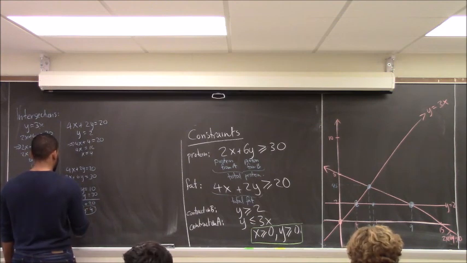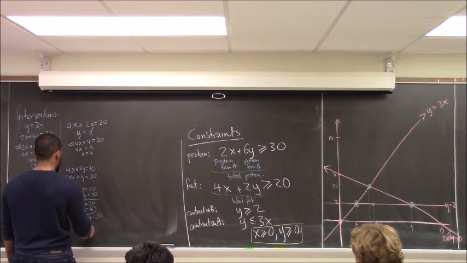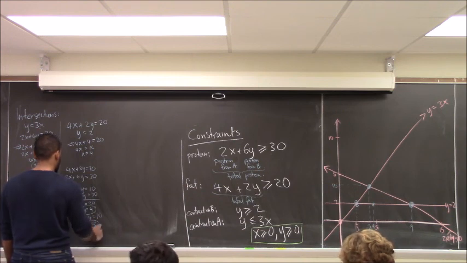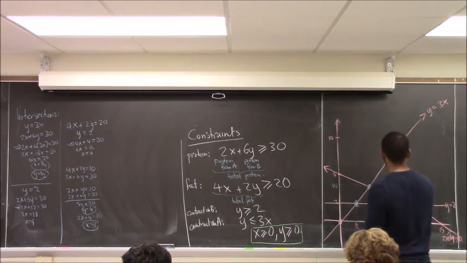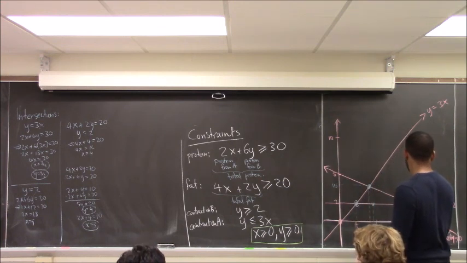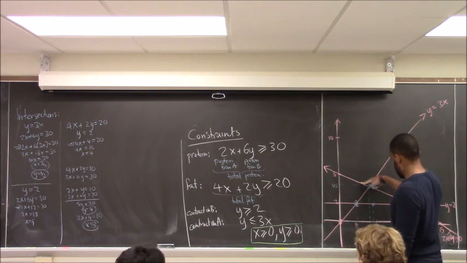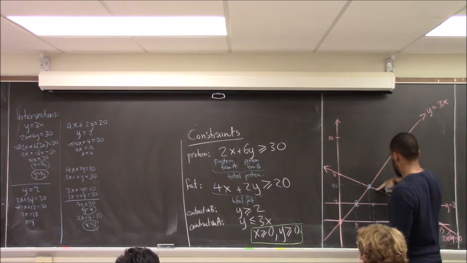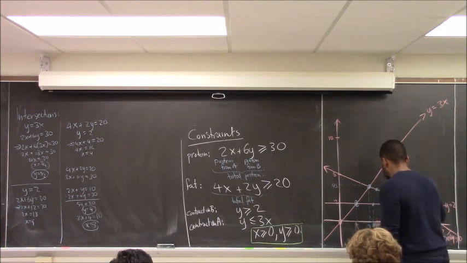And then I would have 2x plus 4 equals 10, so your x will be 3. So that line is going to hit this one over here, right? Is that right? I think that's right. Okay.